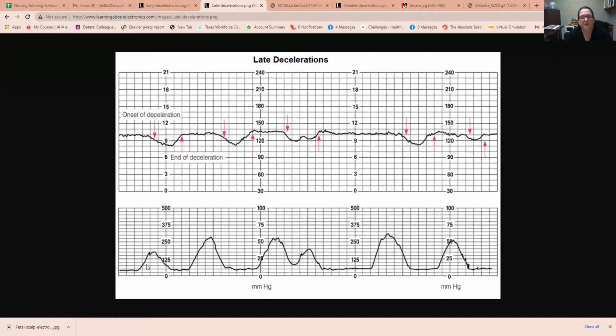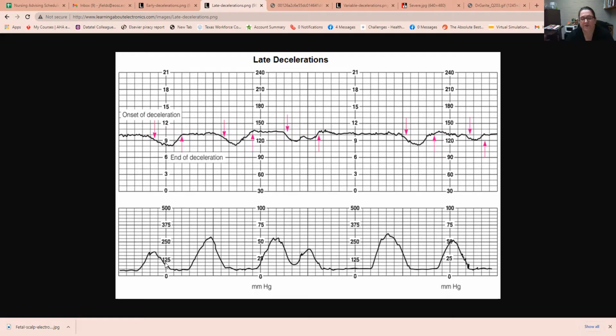Let's go back and go to this one. Okay, let's look at some late decels. So when we look at the contraction, you see these decels look very similar to the earlies. But if we go to where that decel ends and draw a line, that contraction ended over here and the heart rate was still down.